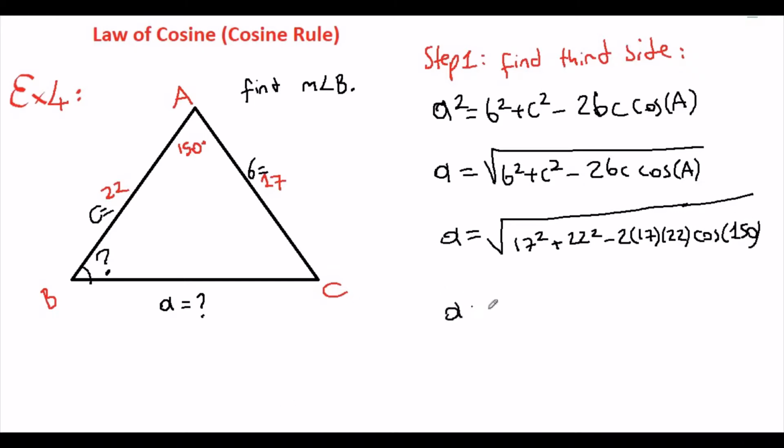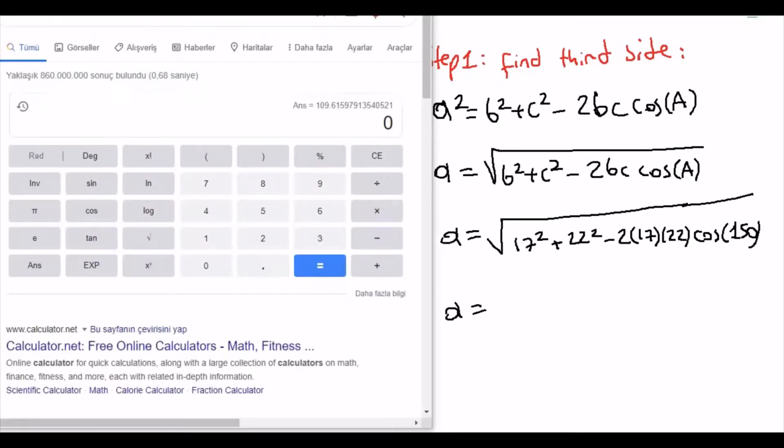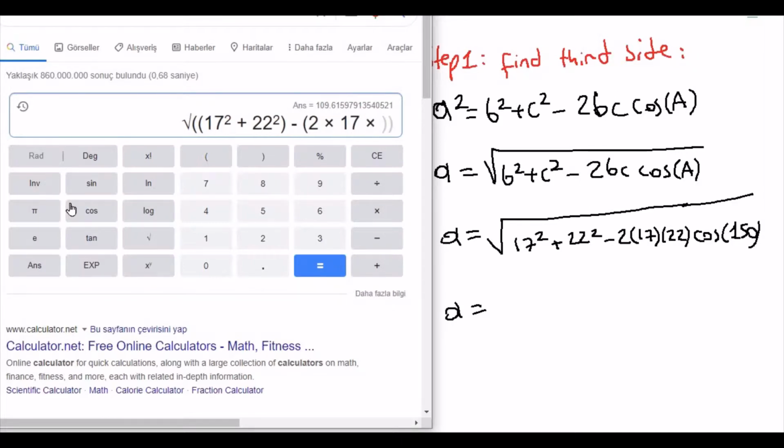Now let's plug this into our calculator. We have the square root of 17 squared plus 22 squared, close this group, minus 2 times 17 times 22 times cosine of 150. Make sure to close the parentheses, otherwise the order of operation might not work.